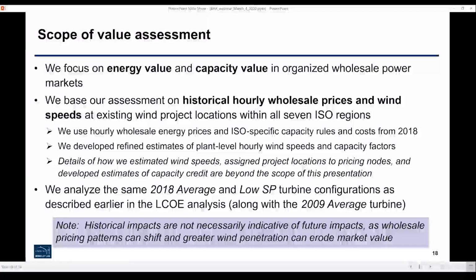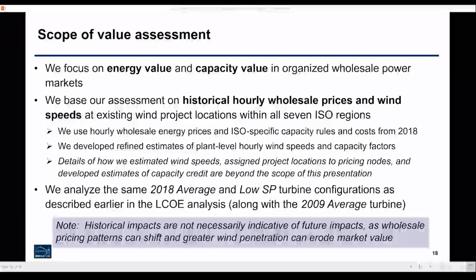Okay, great. Just to talk about the methods for a minute, we're looking at energy value and capacity value based on 2018 prices and the rules for capacity value set up by each ISO in 2018.